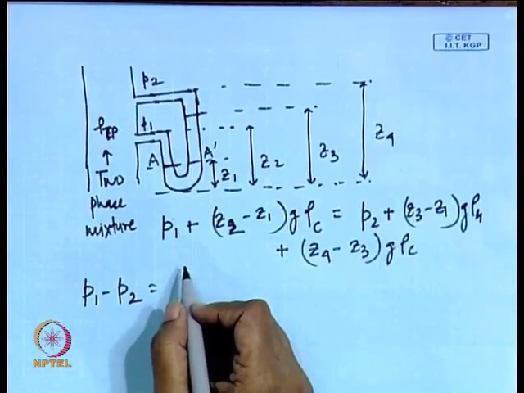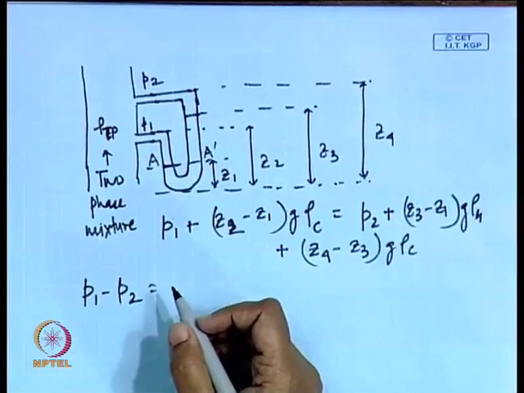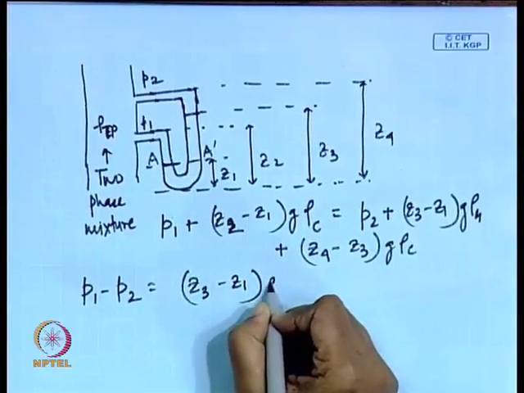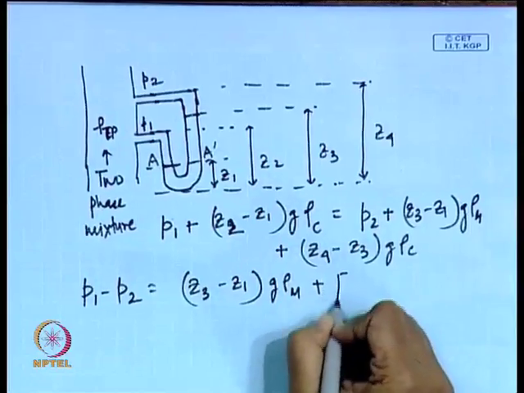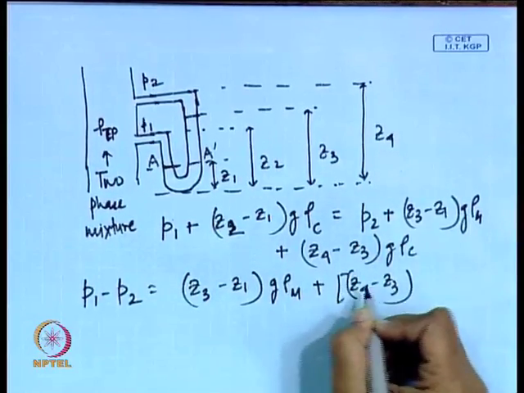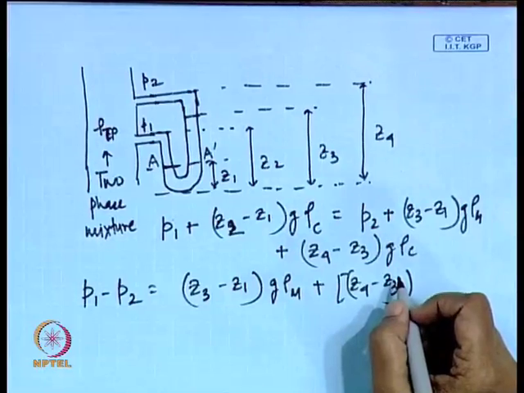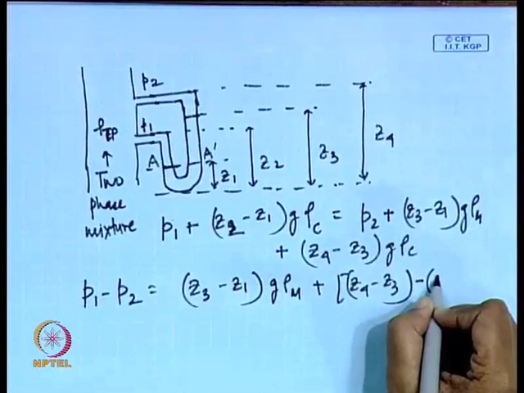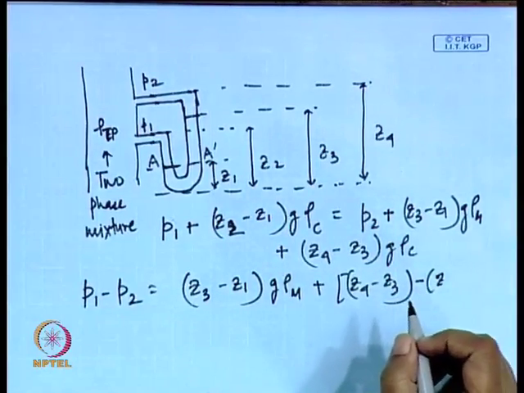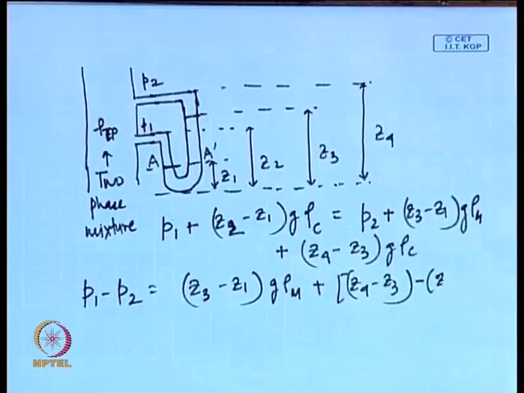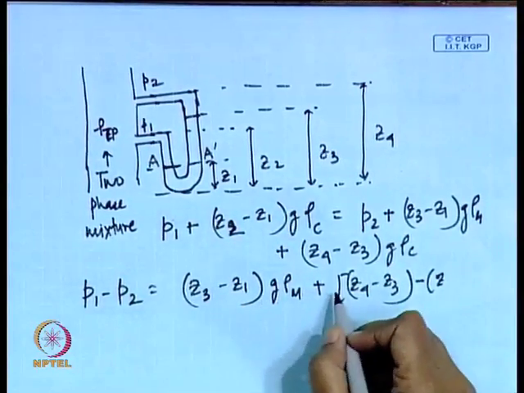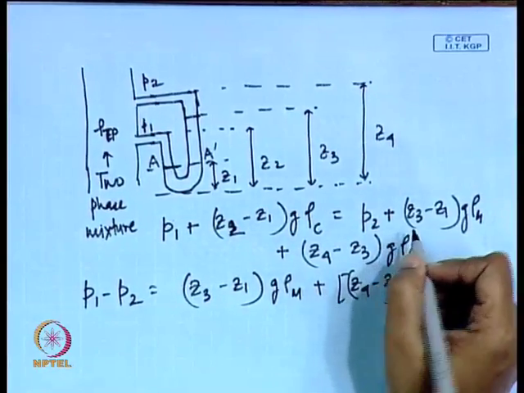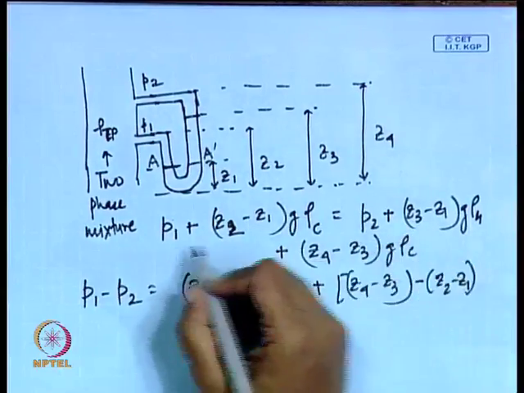Your P 1 minus P 2 will be equal to, we are just rearranging it, Z 3 minus Z 1 G rho M plus Z 4 minus Z 3 G rho C minus Z 2 minus Z 1 G rho C. Sorry, here also it was Z 2 minus Z 1, very sorry.